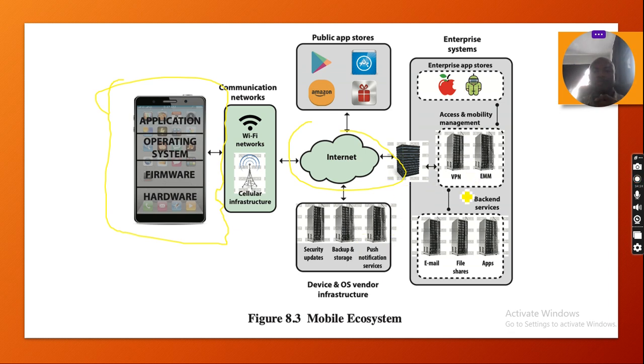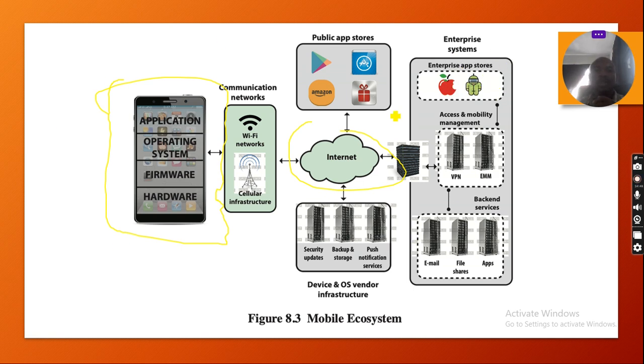Then here you have your VPN, the virtual private network, and you have the EMM. Now your VPN will enable you to access emails and file sharing and apps and so on. Then your EMM will enable you to access enterprise app stores.